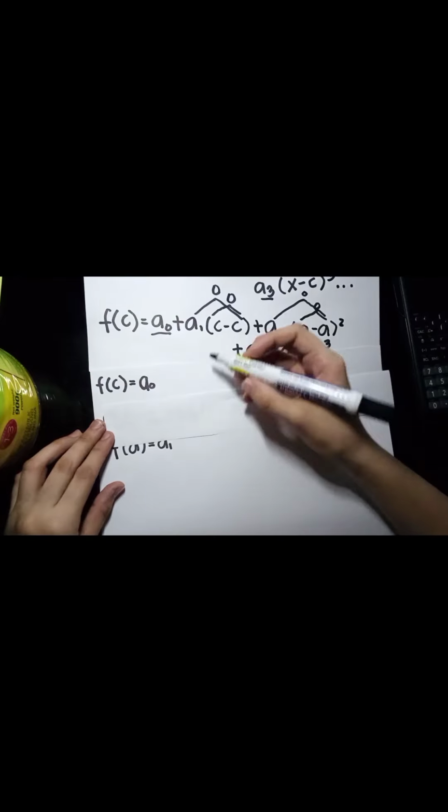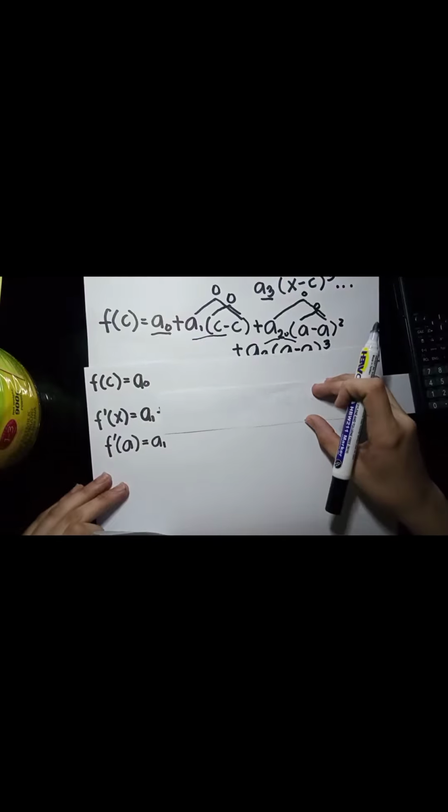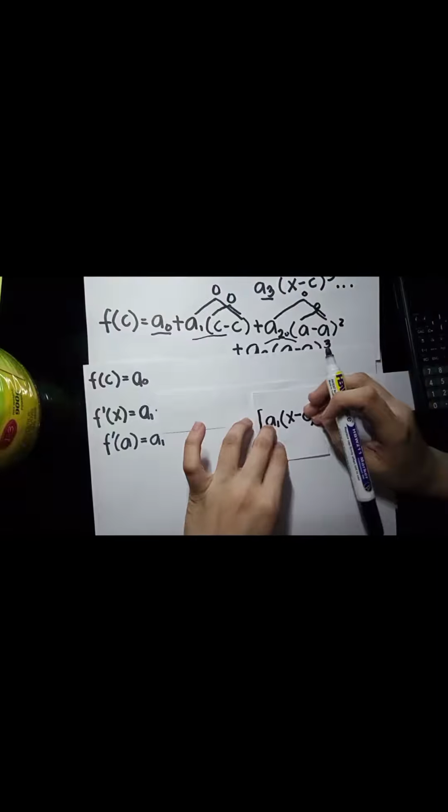So then, how do we get the next one? This is where differentiation comes in. Let's say we take the derivative of this function for a1. a sub 0 will go away, since the derivative of any constant is 0.